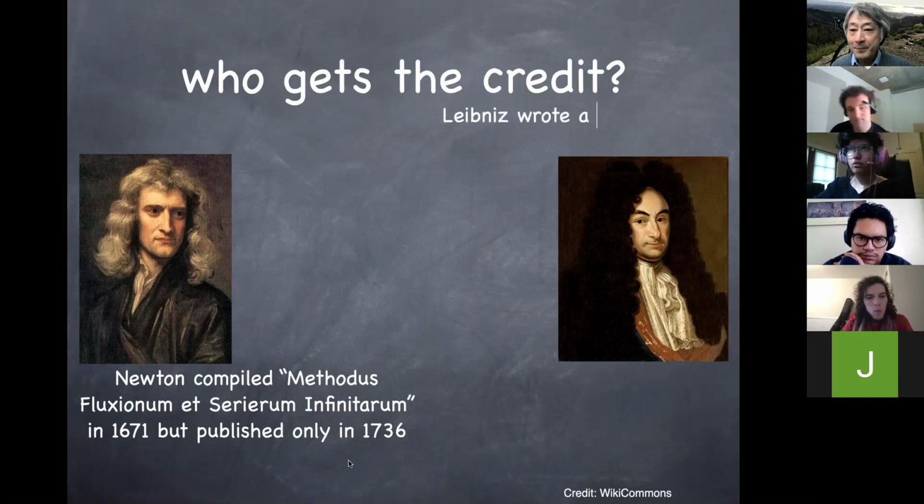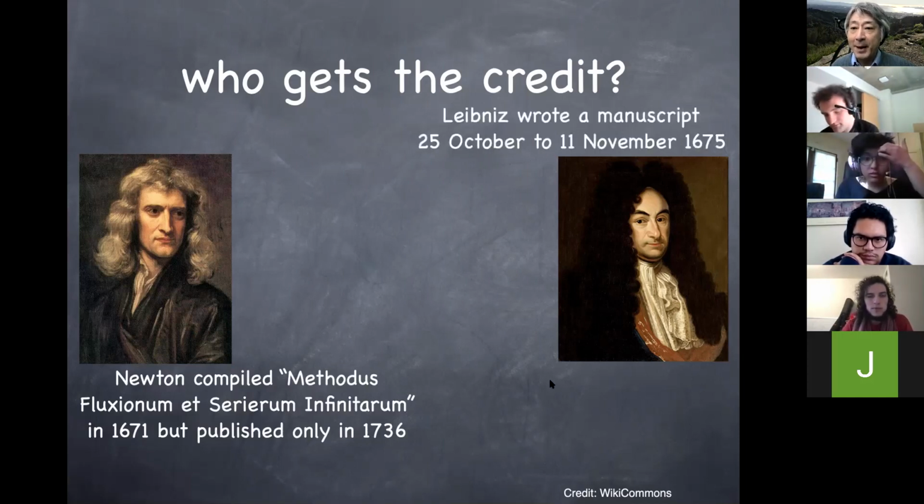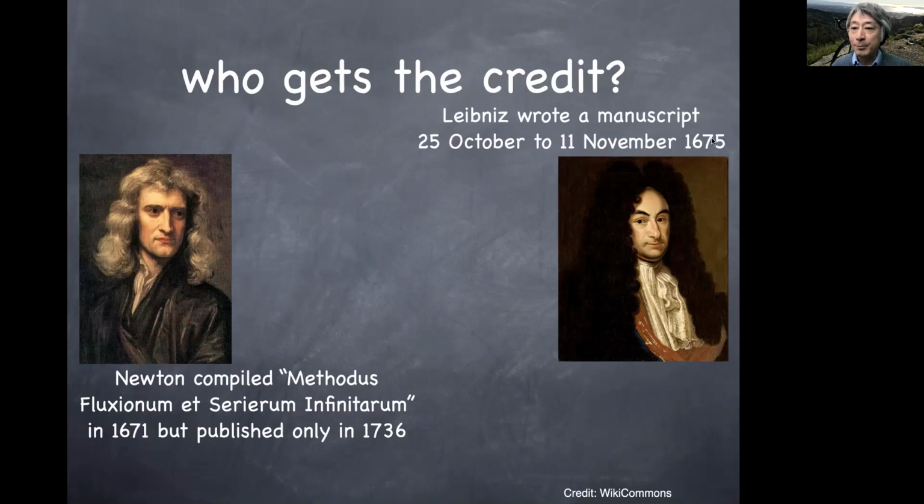In the meantime, Leibniz published his manuscript in 1675, before Newton published. But this manuscript was written after Newton wrote his manuscript at the beginning. So in some sense, both of them have claims to the credit for the invention of calculus.